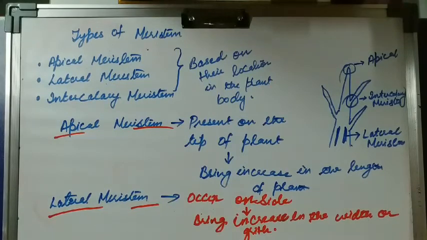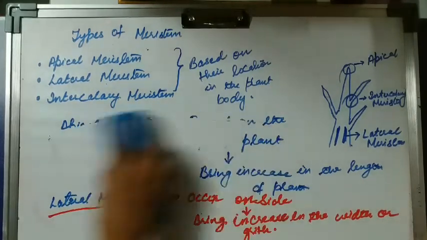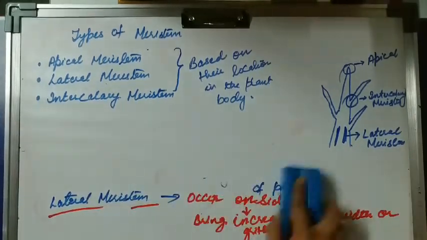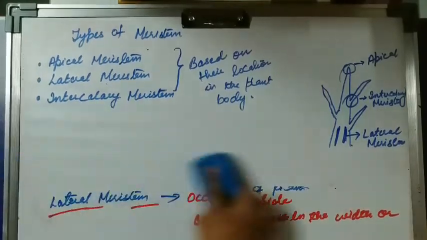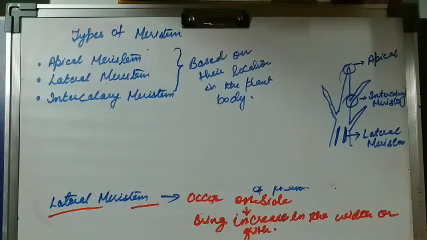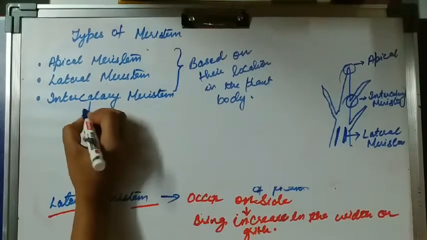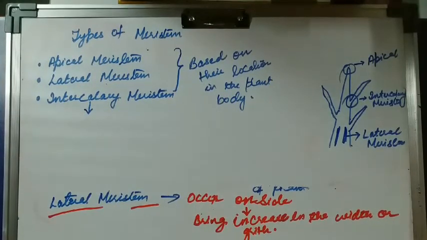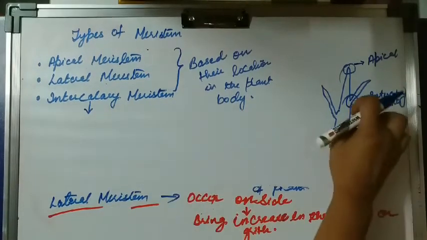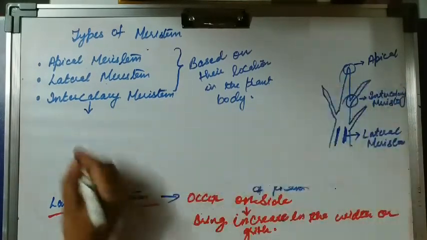Now the last one is your intercalary meristem. So what is the function of this intercalary meristem? This intercalary meristem occurs at the base of the internodes, that is, the internode between the two nodes.